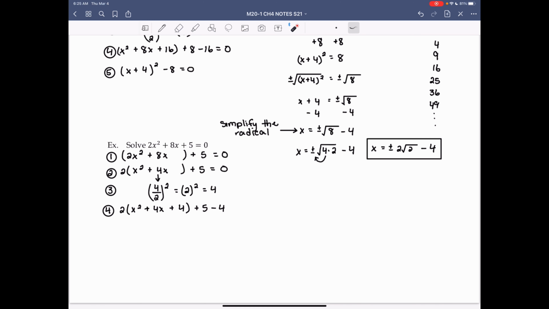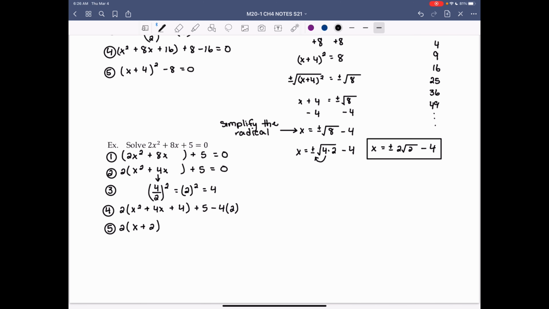But because we factored something out in step 2, and we now have this 2 in front of the brackets, we need to multiply this minus 4 by 2 as well. So negative 4 times 2. And step 5, let's simplify. 2 times the binomial x plus 2.